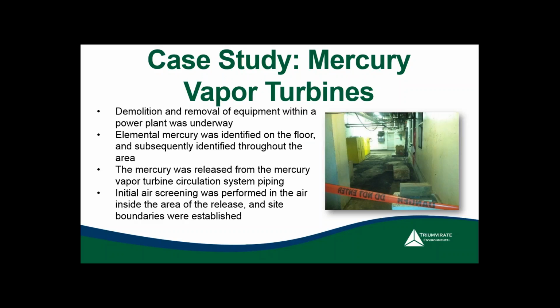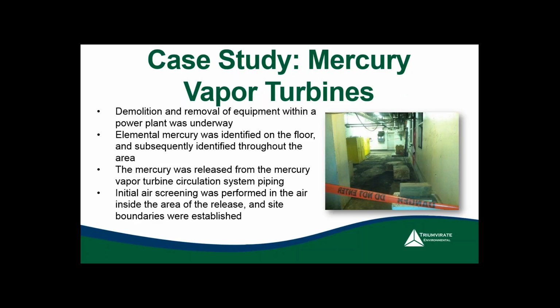This case study is about a power plant, none of the ones that I mentioned, where mercury was released. Demolition and removal of equipment within the power plant was underway. During that process, elemental mercury was identified on the floor and subsequently throughout the area.